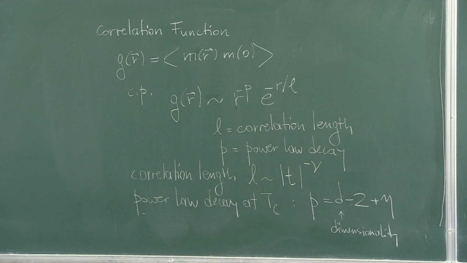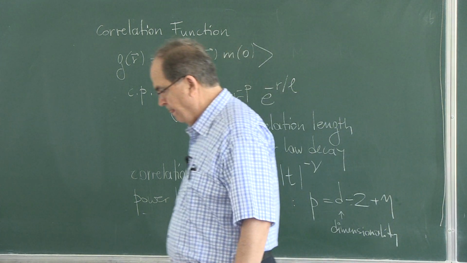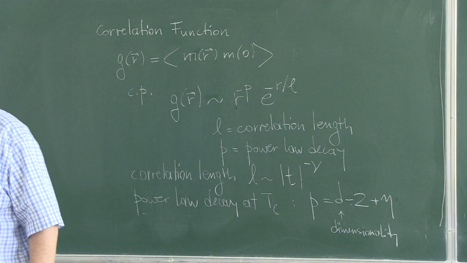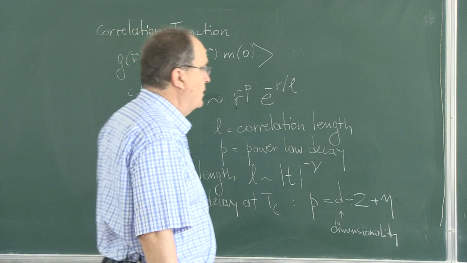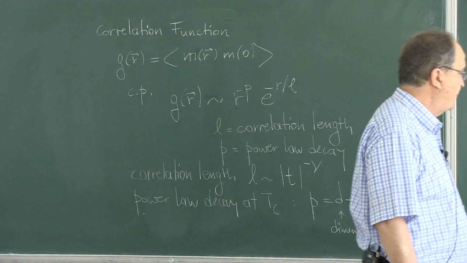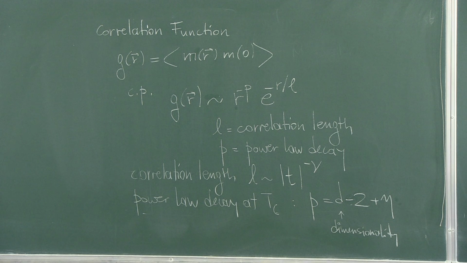So it is an exponent in that sense, this quantity. So we have defined 4 plus 2, 6 critical exponents, but they are not all independent.